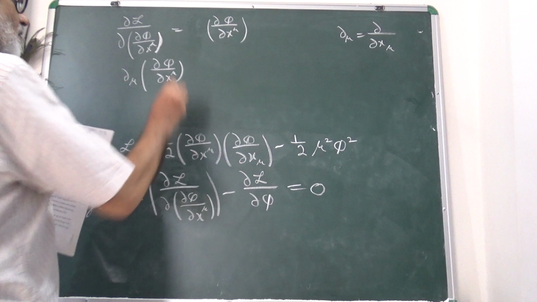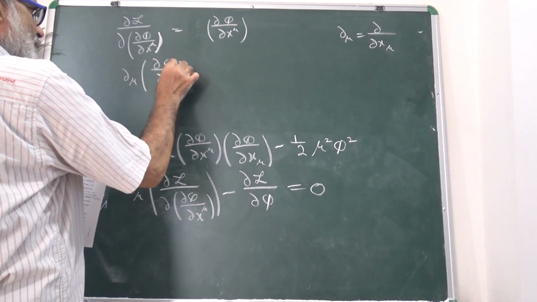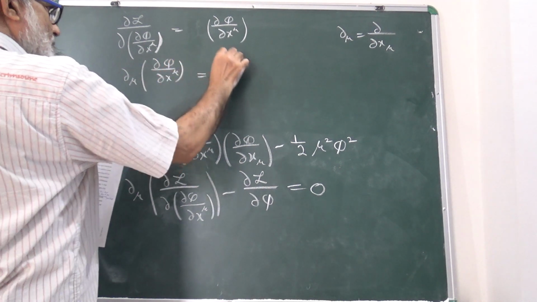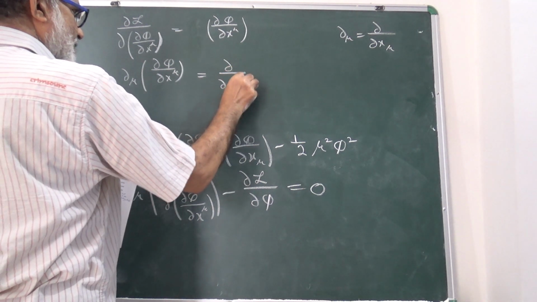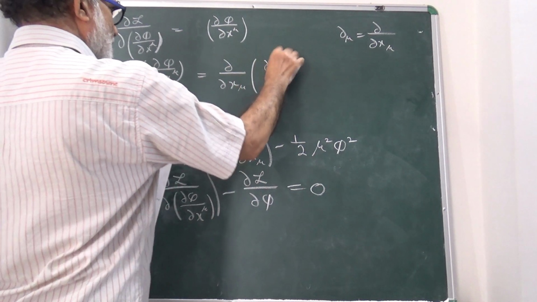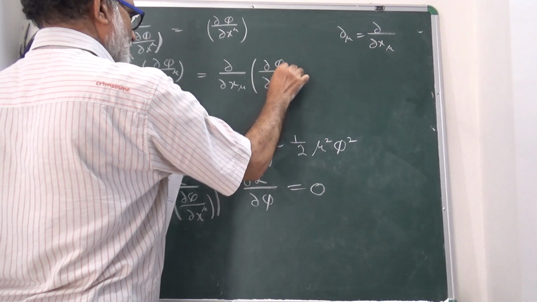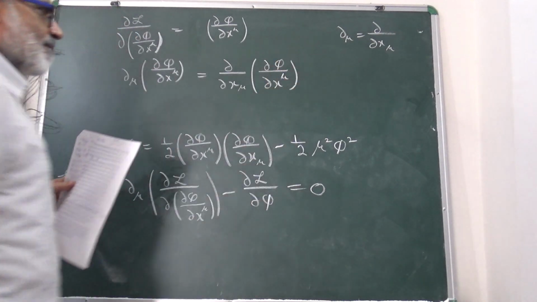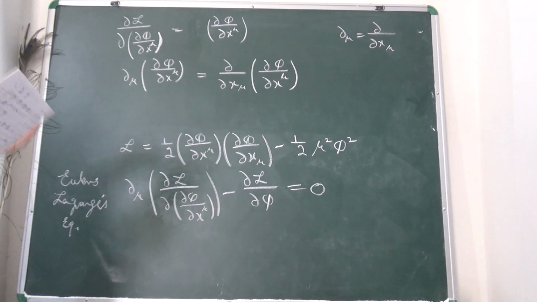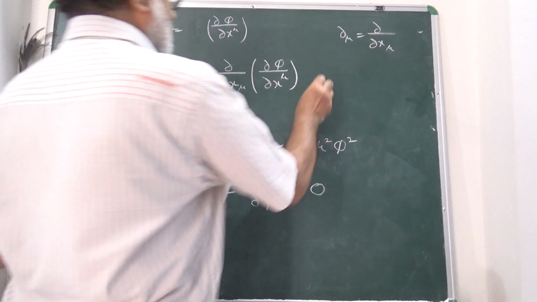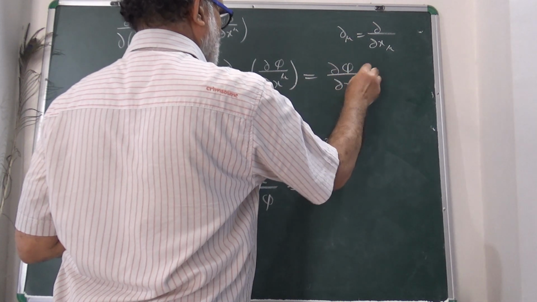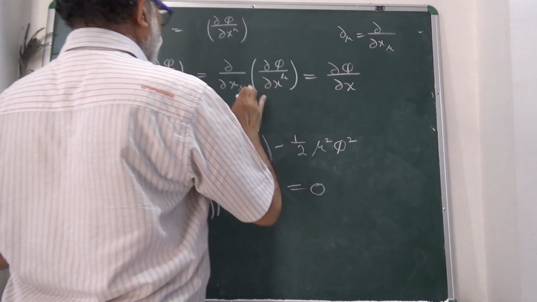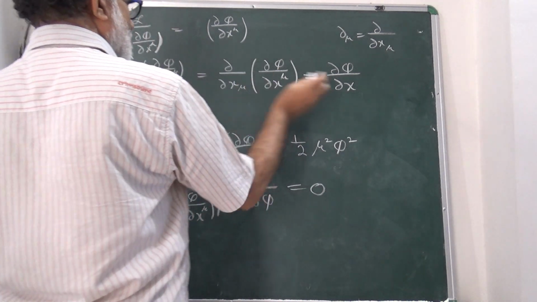So this will give you del phi by del x mu whole square.